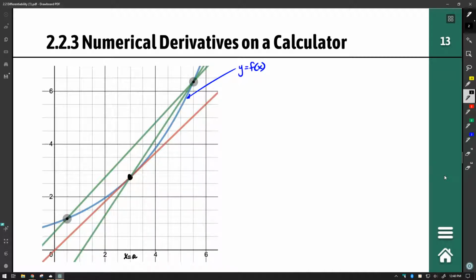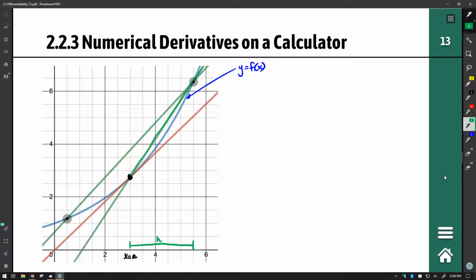And then h spaces away from a, I have put another point way out here, and this is h away. And the green secant line between those points is drawn in. And that's the line that would be generally used for our difference quotient to get that secant slope.